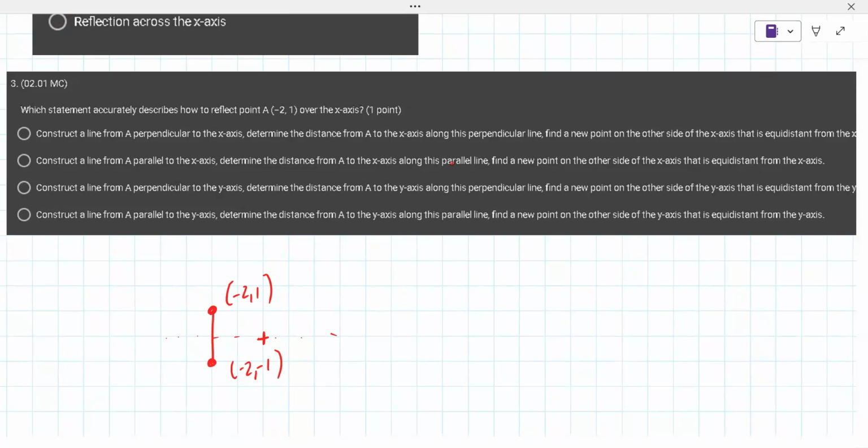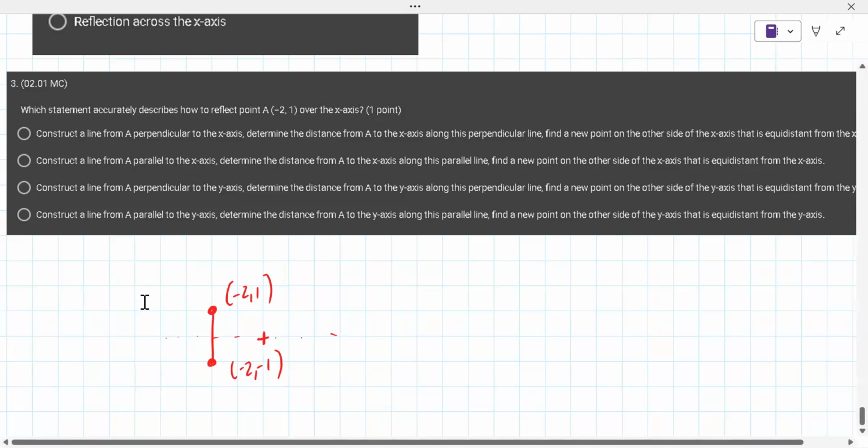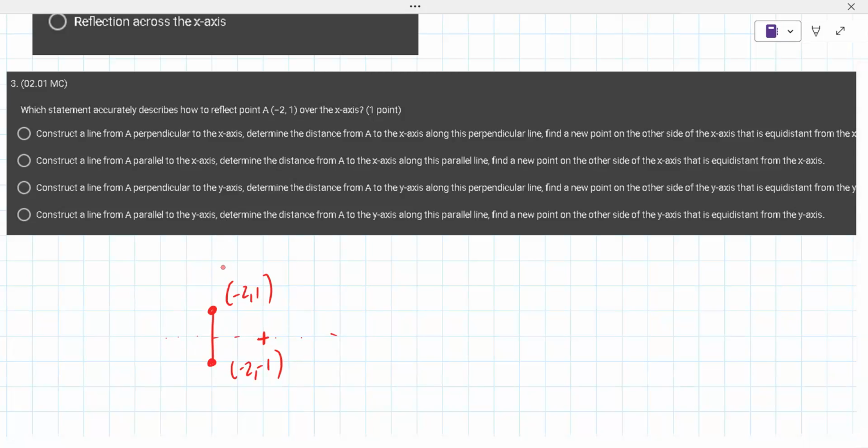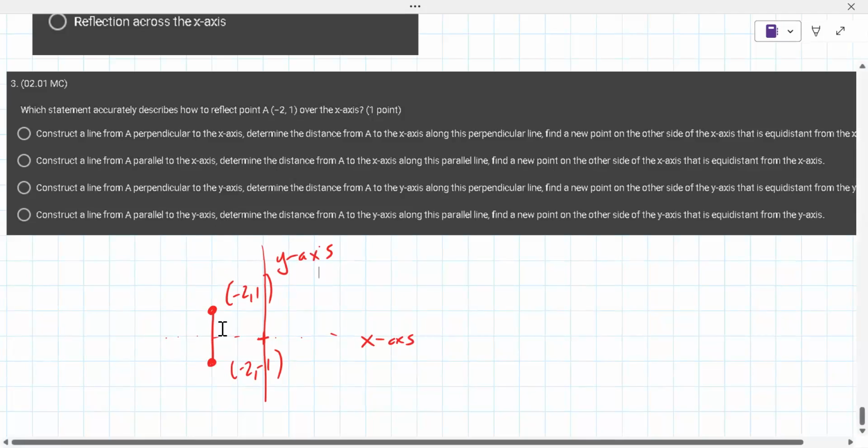Well, it looks like it's perpendicular to the y-axis if you have a line. I would agree. So which answer would that be? Well, sorry, this is the x-axis. The y-axis is here. So it should be perpendicular to the x-axis.